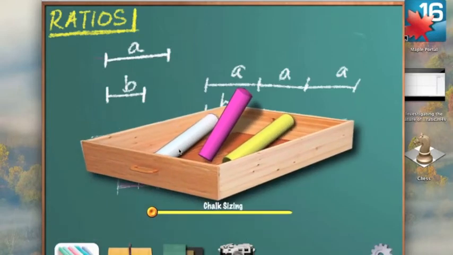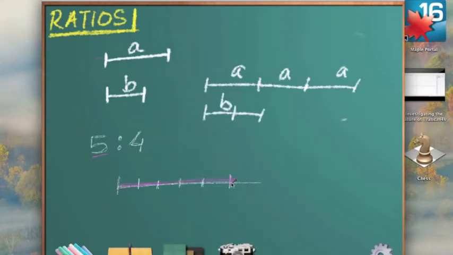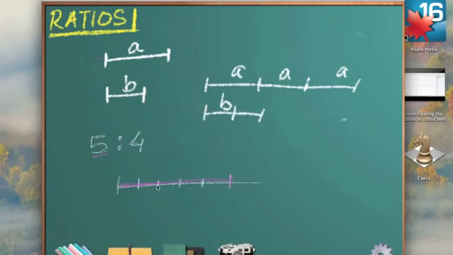And then you took another length and you put together with this length 4 pieces, each of which were equal to each of these pieces. So here's a piece, 1, 2, 3, 4, that's it.